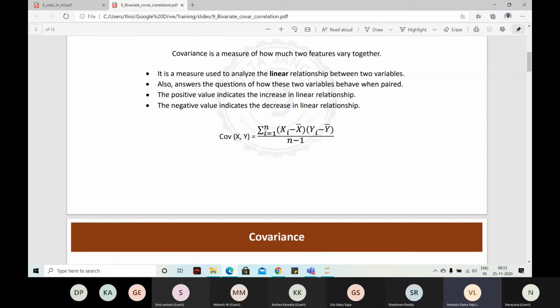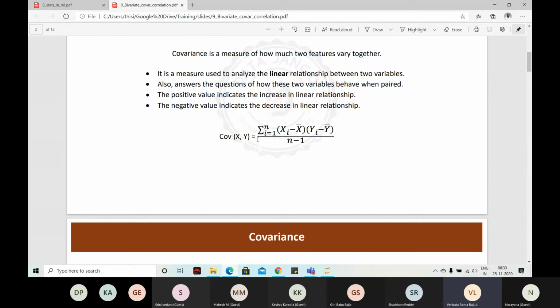Take petrol prices on different days and commodity prices on different days, those are the two columns. Calculate the mean of the petrol price and the mean of the commodity price, any commodity, and substitute into this formula. You get a covariance value which is positive.